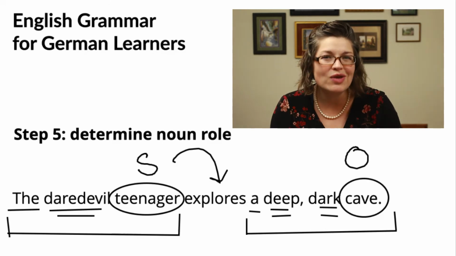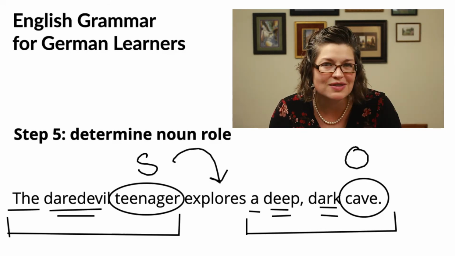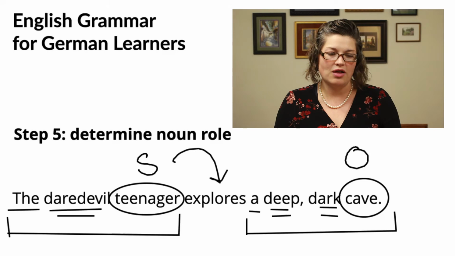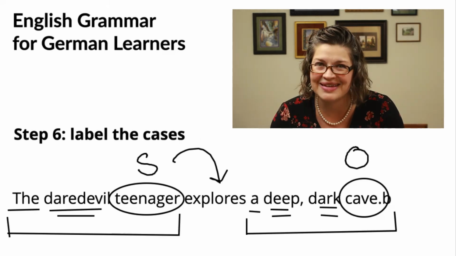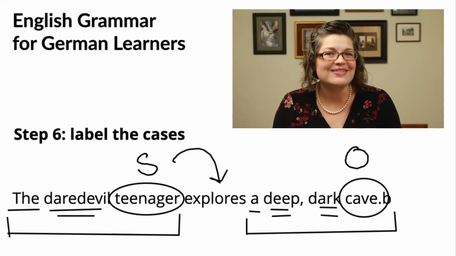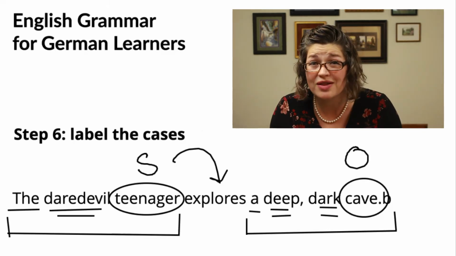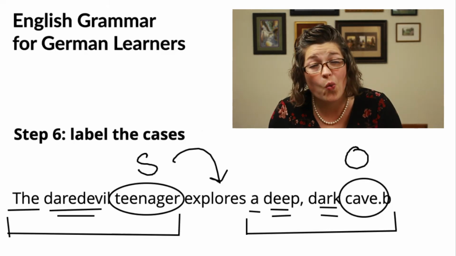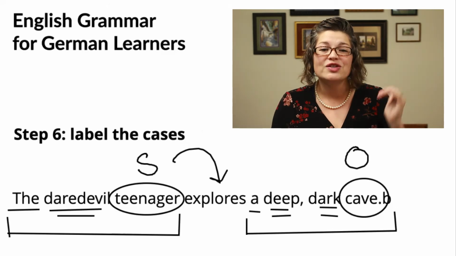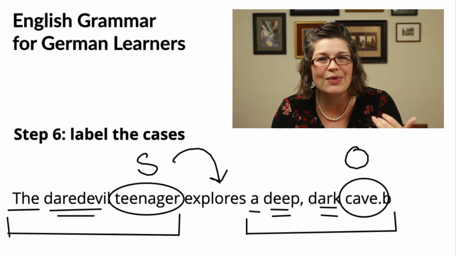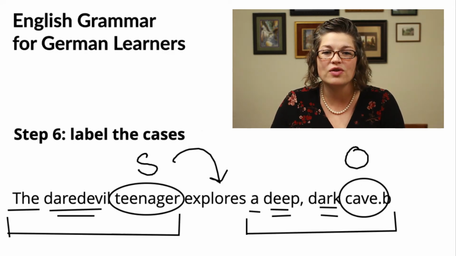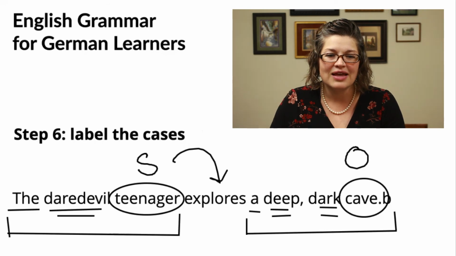So now that we know this, we're going to take our final step in analyzing these slots. And that is that we have to label the cases, okay? So again, this is a concept that's not super relevant to English, but it makes a world of difference in German. So the subject noun is always going to go into what is called the nominative case. And I color code this with pink. So the nominative case is the daredevil teenager.